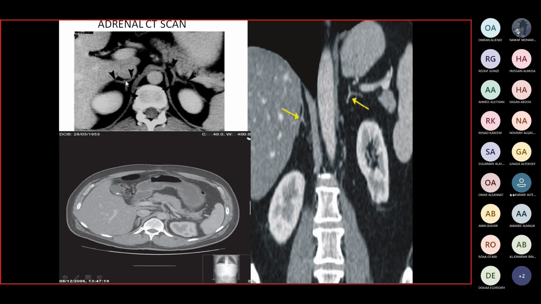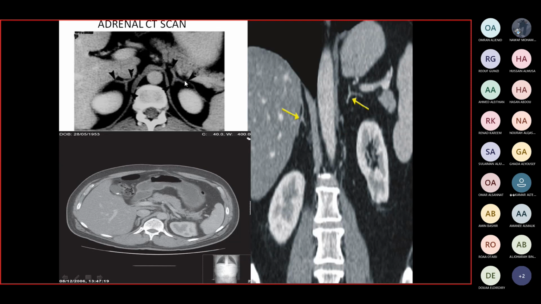So the right adrenal gland is located medial to the right hepatic lobe, posterior to the IVC and lateral to the crus of the diaphragm. This is the position of the right adrenal gland, and this is the left adrenal gland.